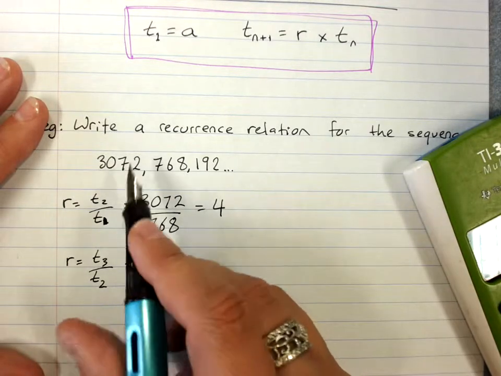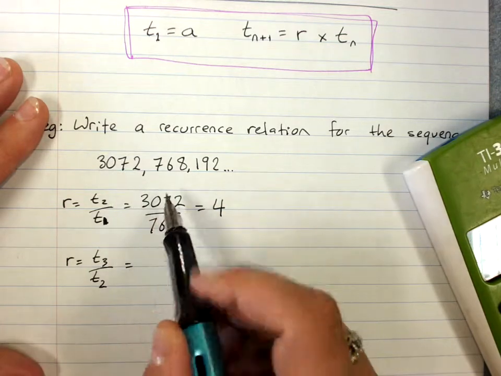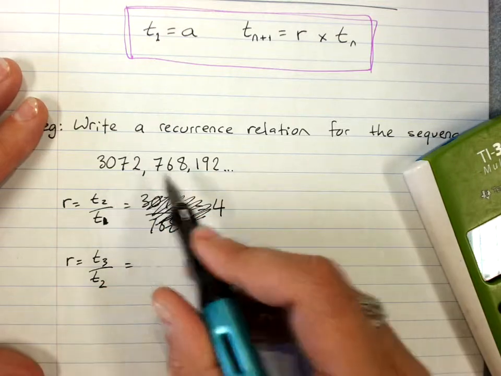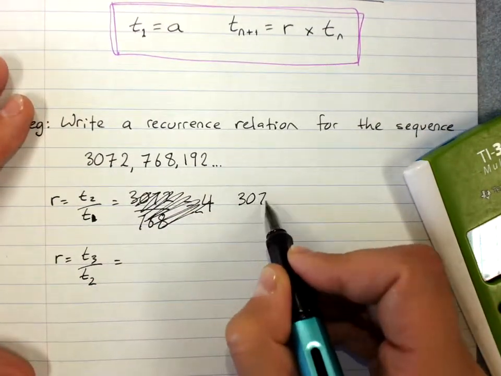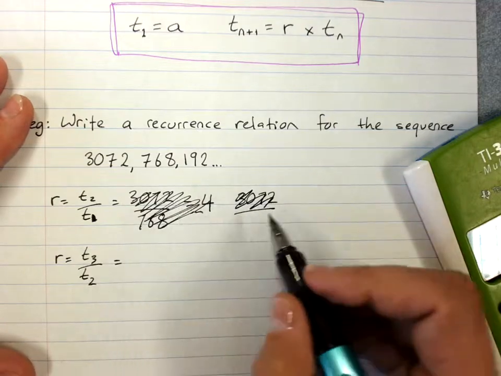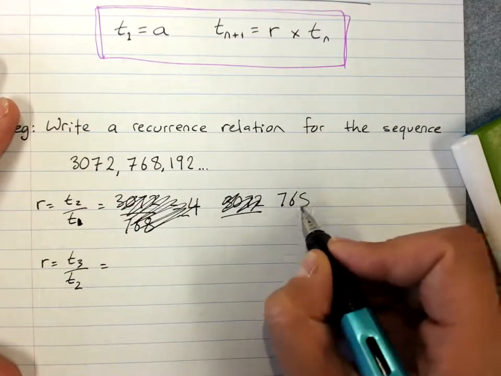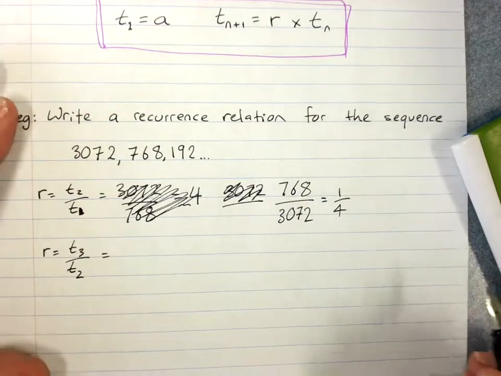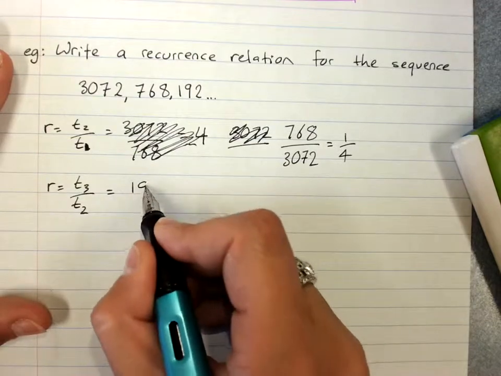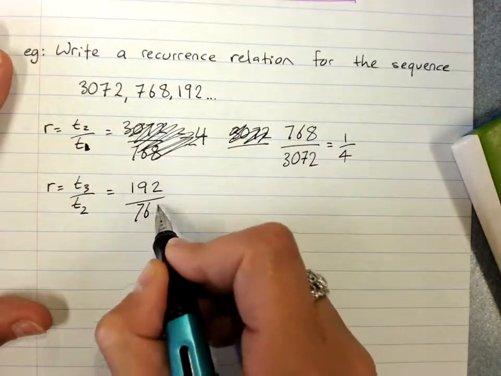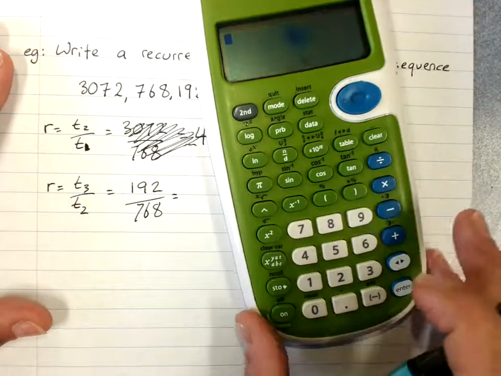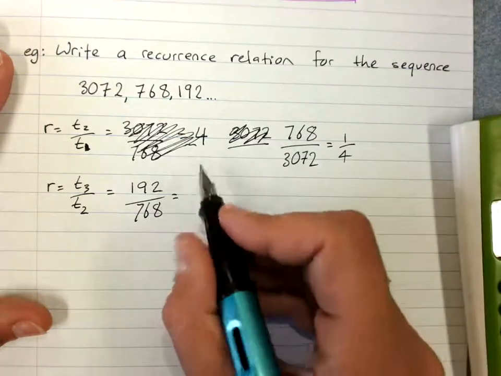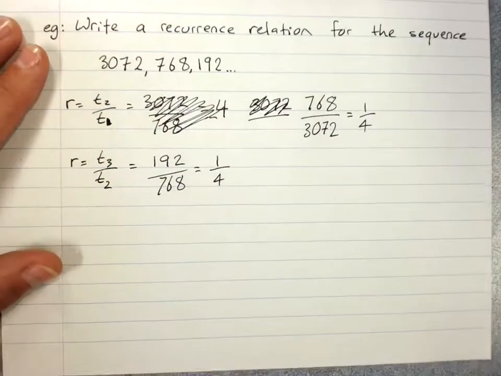Guess what I just did wrong? I did term 1 over term 2. I was meant to do term 2 over term 1. 3072. Oh, I did it again. It's not my day. 768 over 3072 equals 1/4. 192 over 768 equals, this had better be 1/4. Yes, it is. Good. We've found the common ratio.